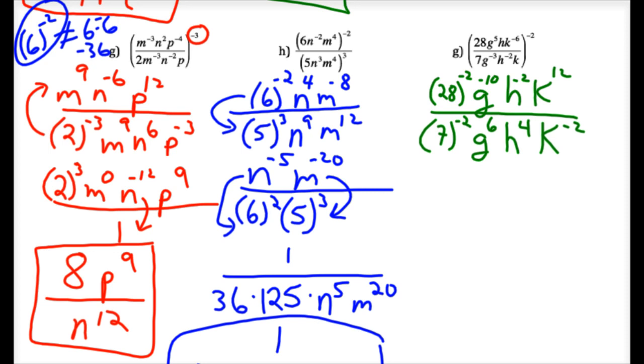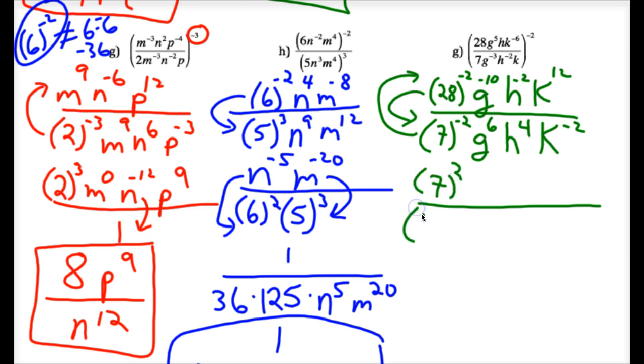That make sense? Okay. What would you move right away, guys? Any numbers, any constants or coefficients, whatever you want to call them, that have negative exponents get moved. So I'm going to switch both 28 and the 7 and make those exponents positive. So it's 7 squared over 28 squared to begin with.